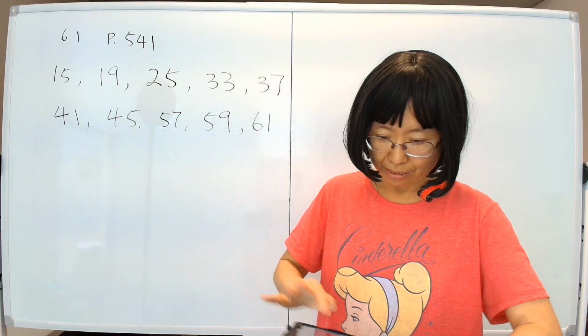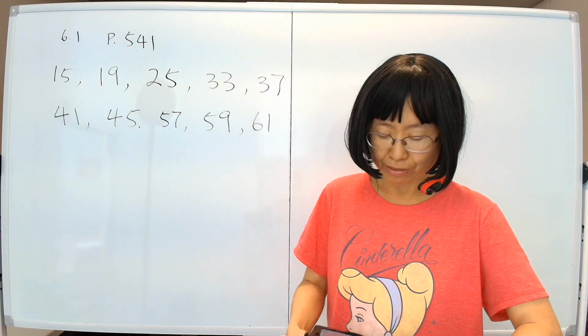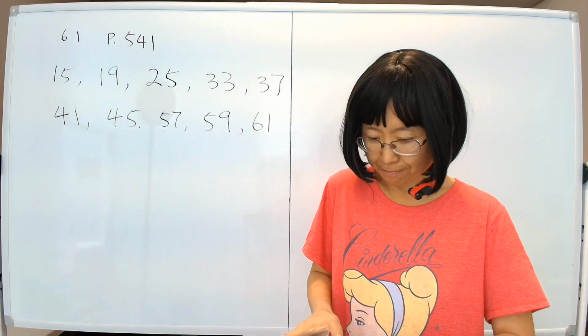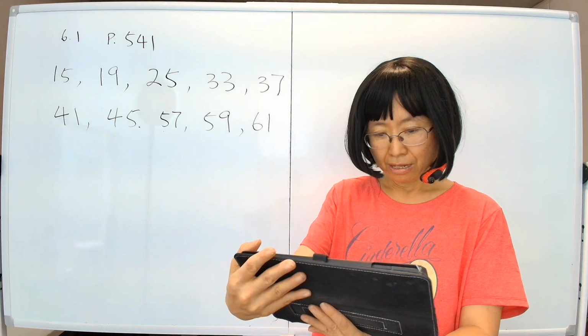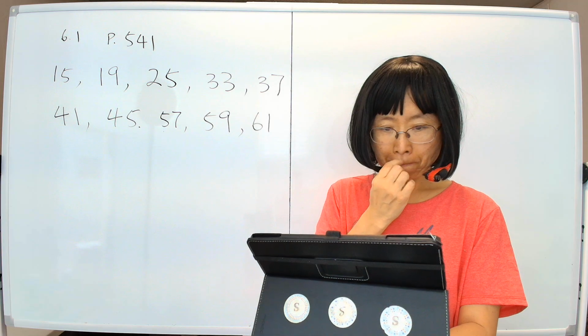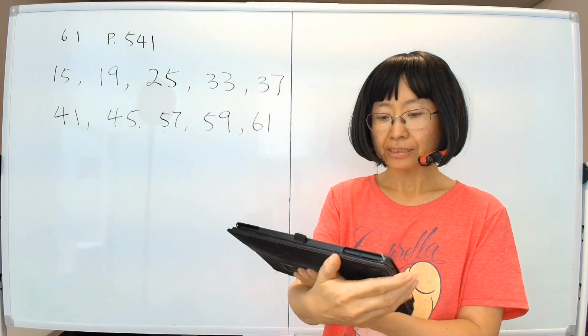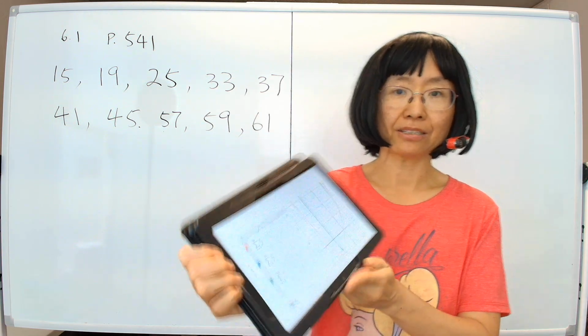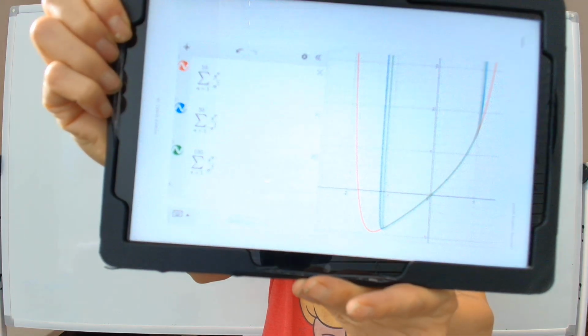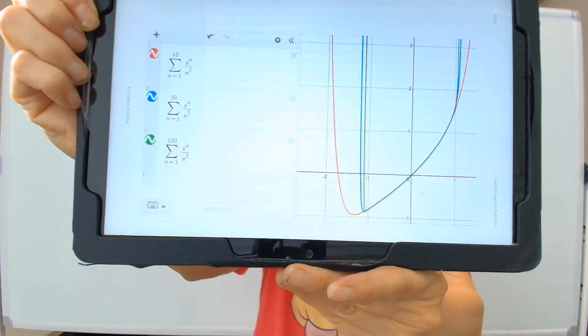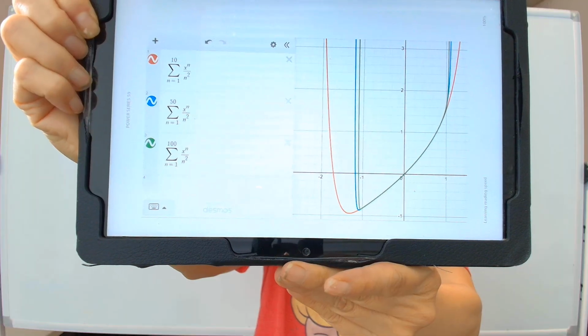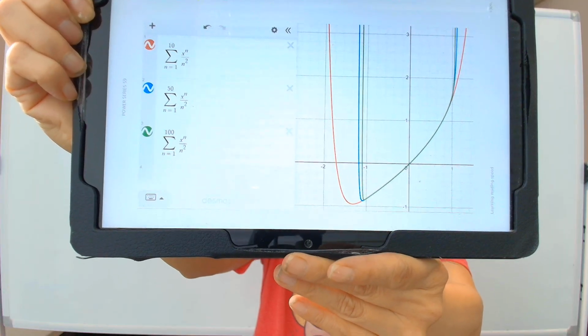And then the next one is similar. For the next one, I simply used the regular Desmos calculator and typed in the series. The series is x^n over n squared, right? As you can see, I have 3 of them typed in, and the series is centered at 0.